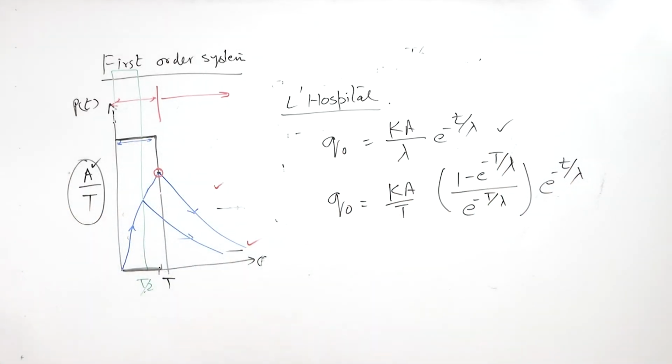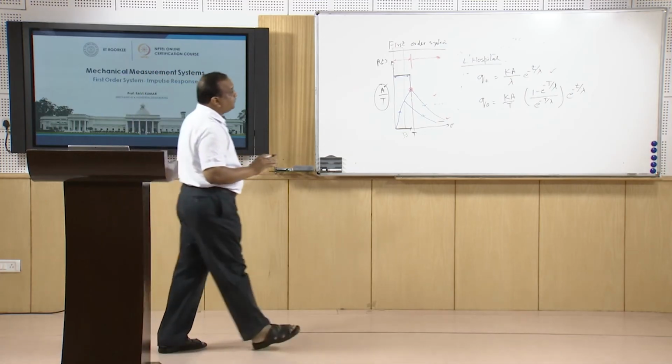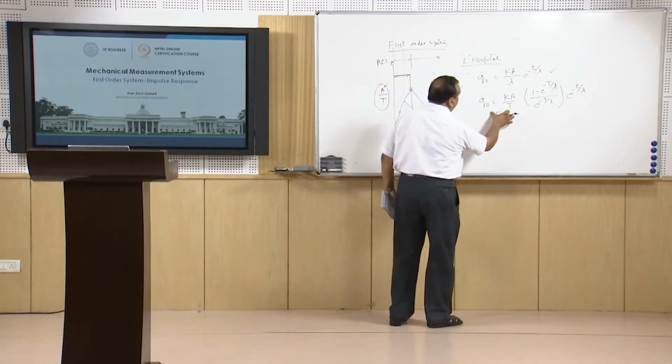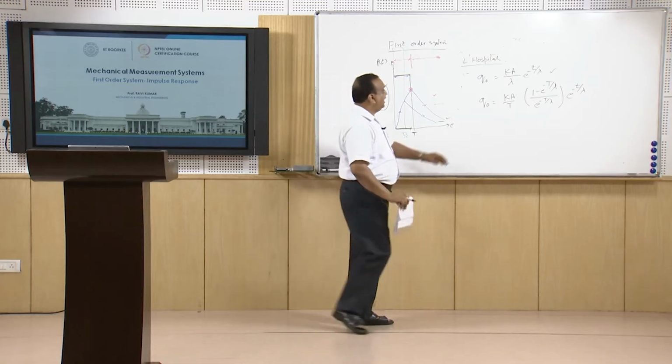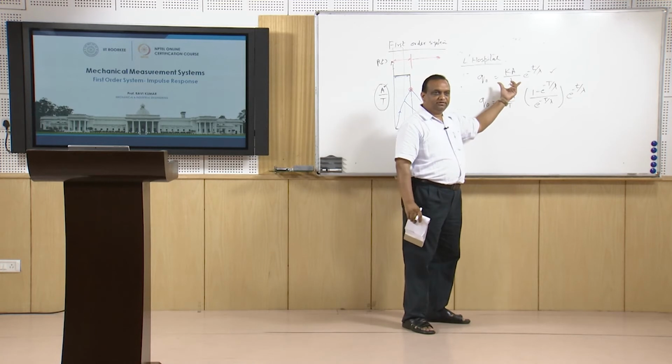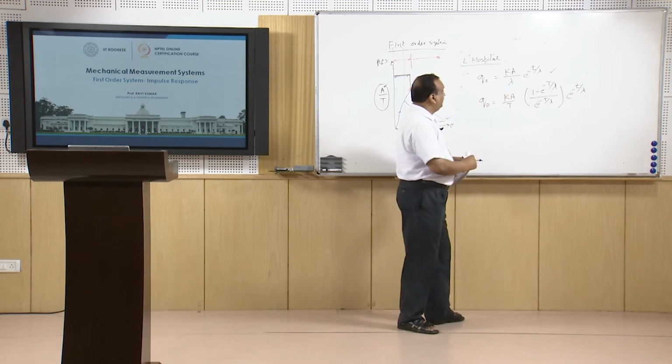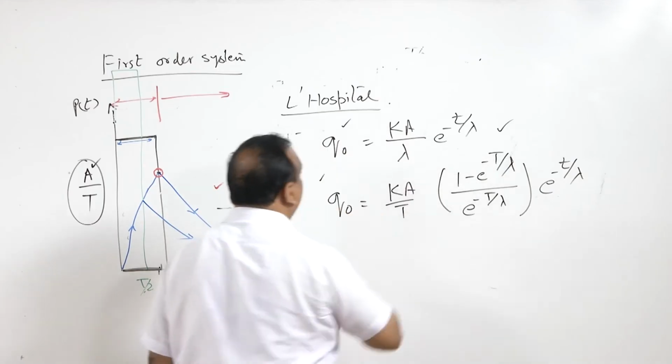This is the approximate solution. In this solution we have simply taken limit tending to 0 and we have got the exact solution. Now, how different is this exact solution from the approximate solution?